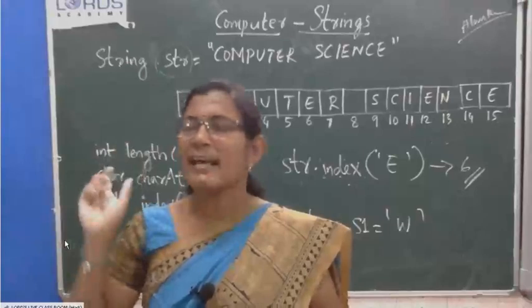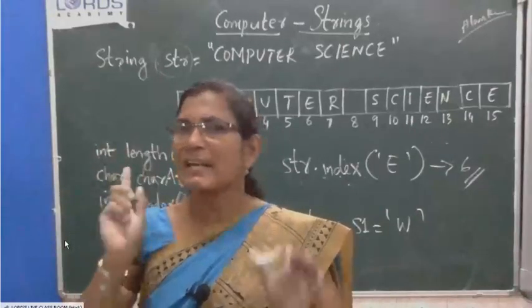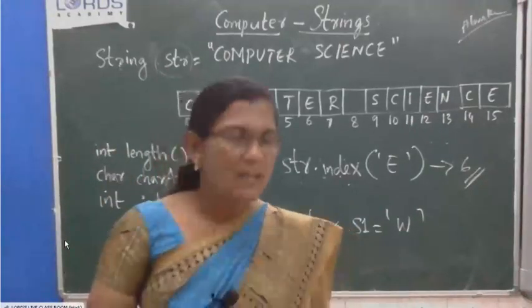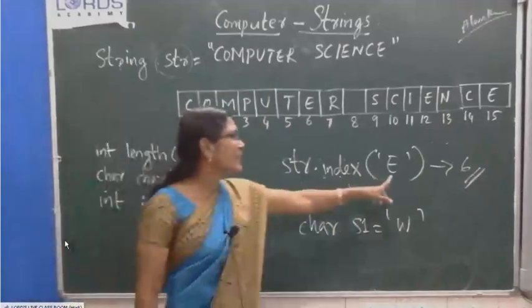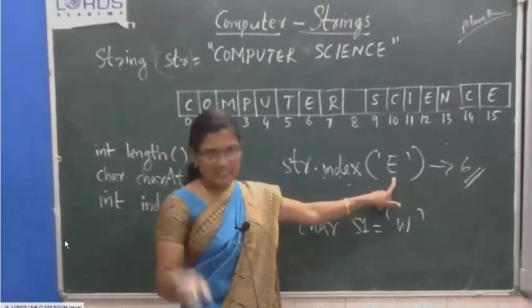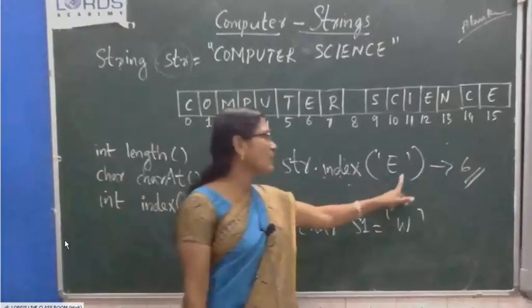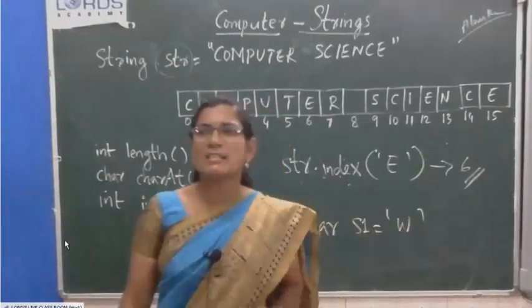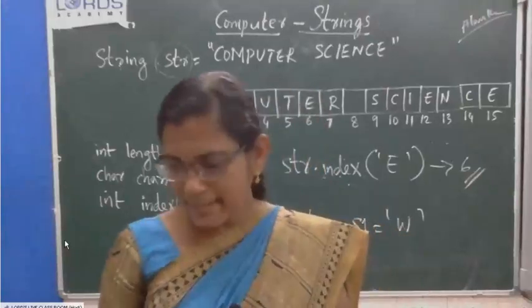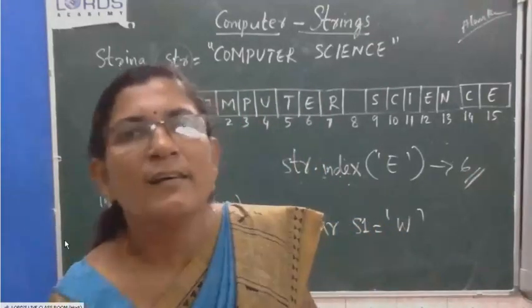A character constant means a single character enclosed in single quotes. So, you want to find out the index number of a single character in the specified string. So, when you give the character constant, you have to enclose it in single quotes. Okay, is it clear, Alan Robbins?